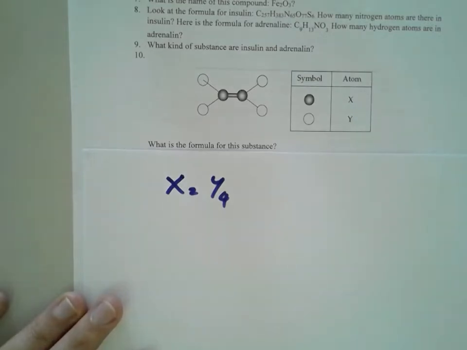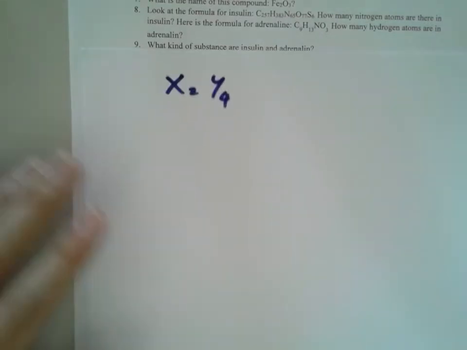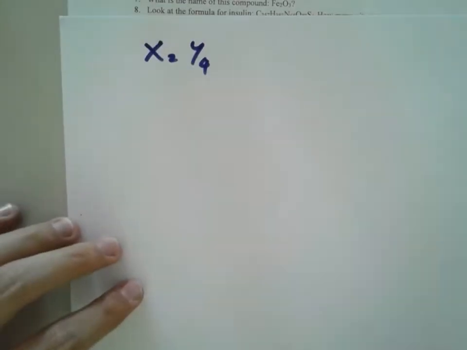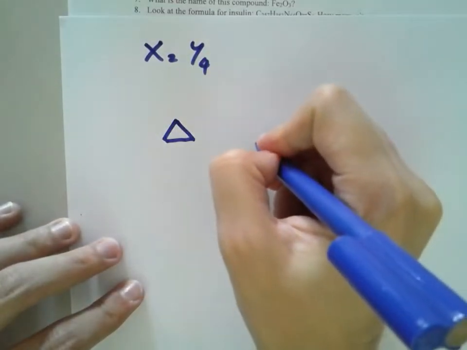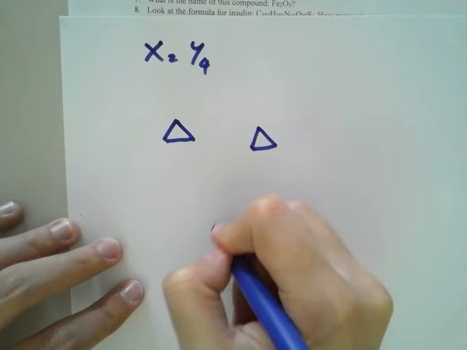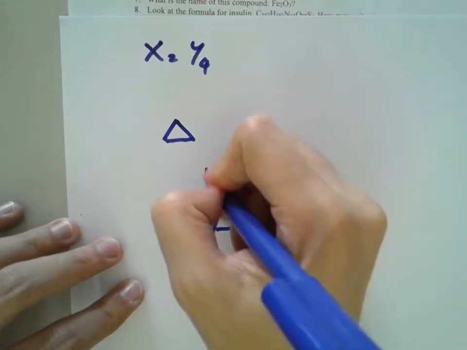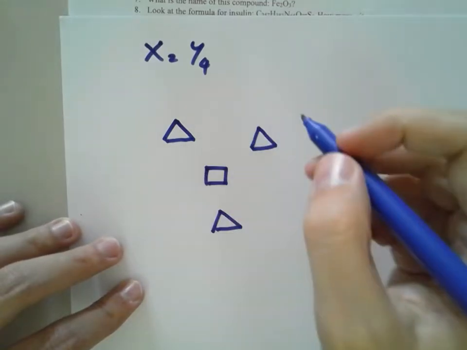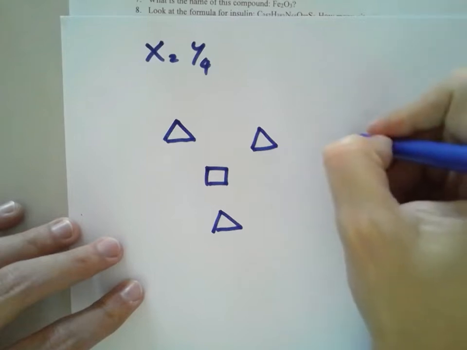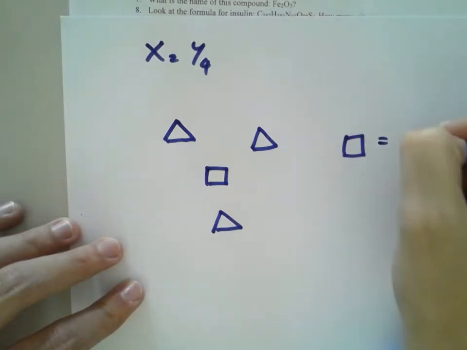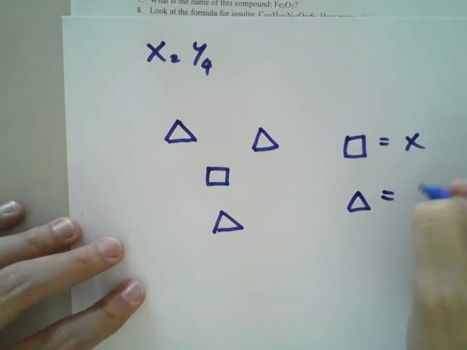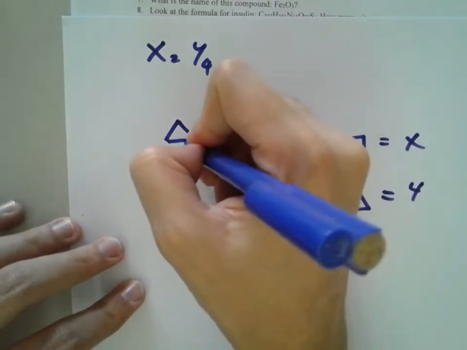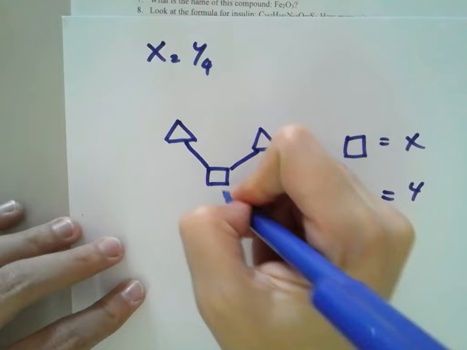What I'll do is I'll do one more example just to make it easier for you guys. And I'll use triangles this time. So I'll do 1, 2, 3 triangles and a square in the middle. So I'll do the square equals an X and the triangle equals a Y. Obviously they're chemical formulas, so they need to be joined together as compounds.